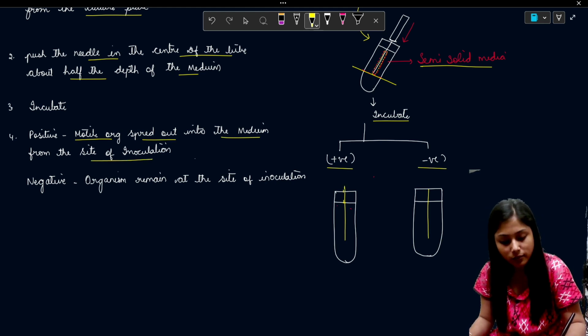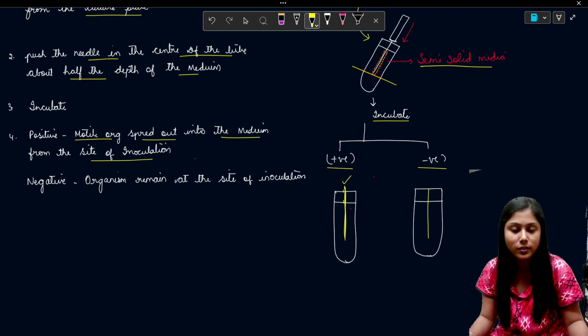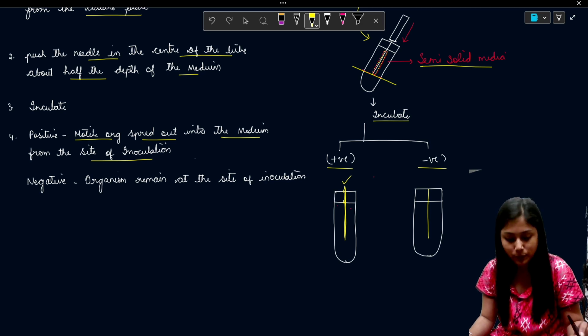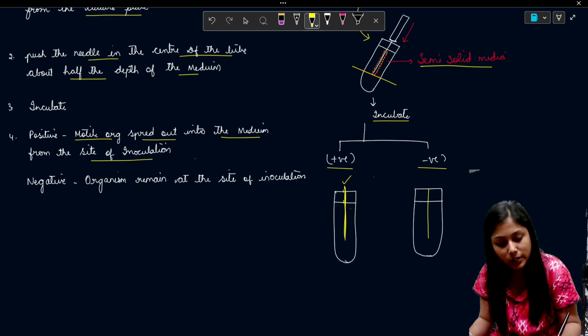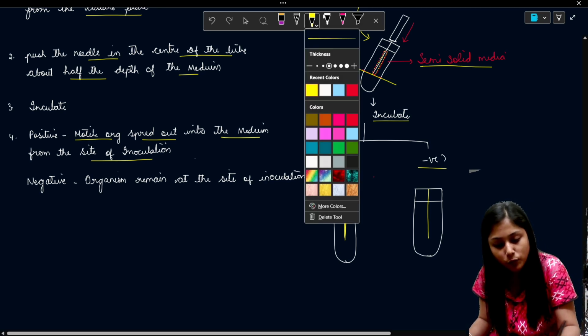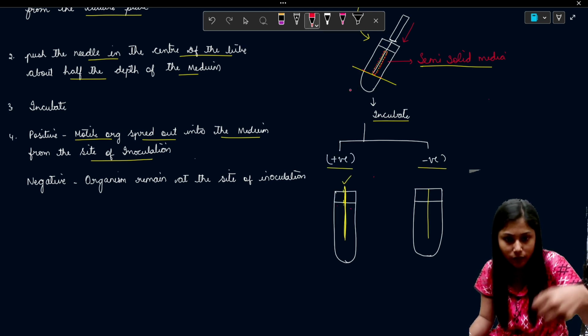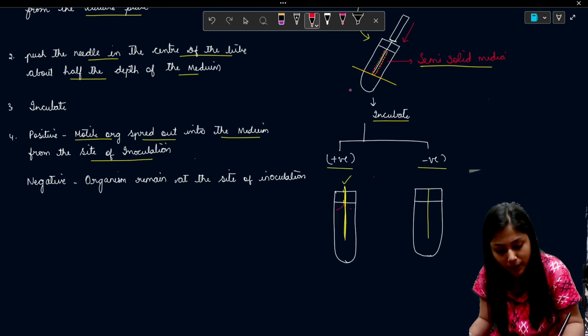This was the area where I incorporated my needle which had the bacterial culture, so that is the area where my inoculum is present. If the bacteria is motile, it will move from the site of inoculum, the site where we pushed the needle, and spread all over the test tube in this manner. Simple as that. So the whole test tube will appear red in color.